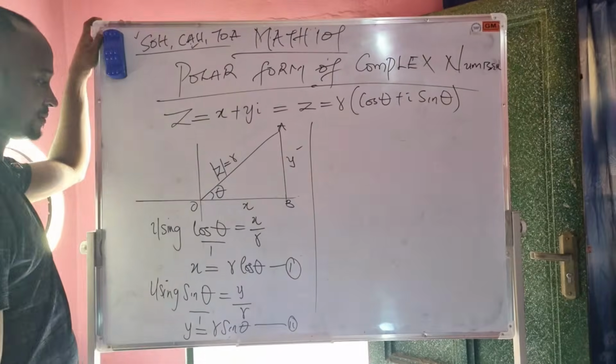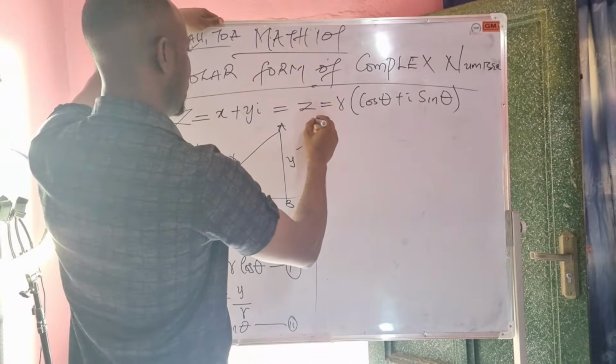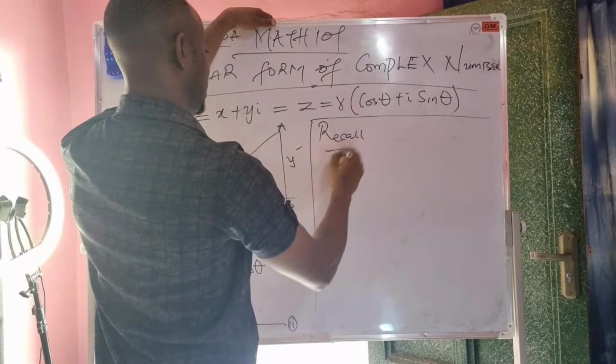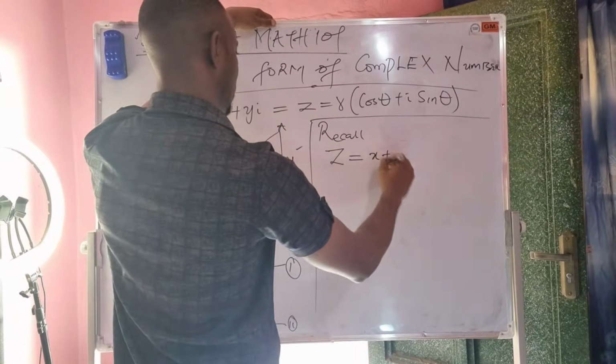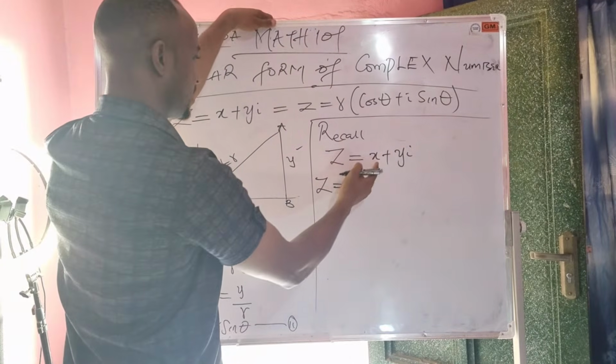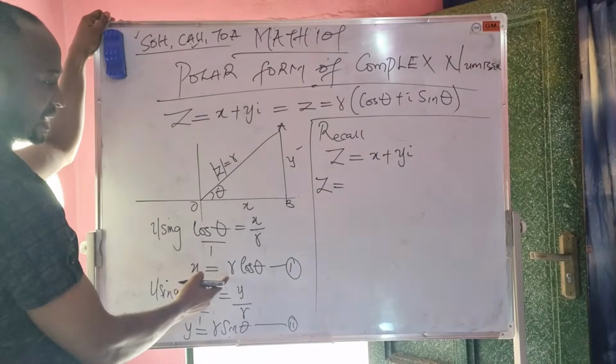Are you there? But recall, let's finish up this. Recall that the general form is giving us x plus yi. That will give us z equals, the value of x we got here is r cos theta.